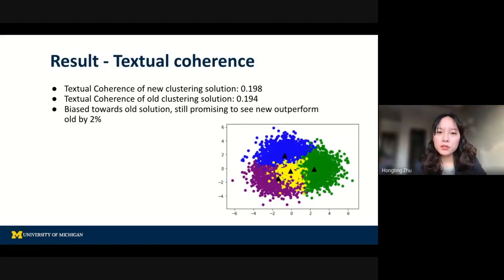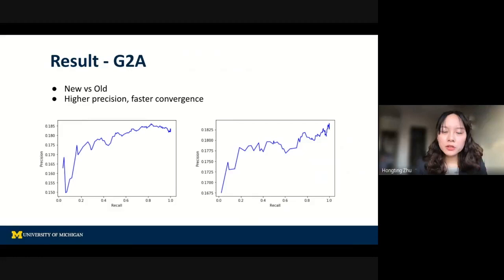And our result is really promising. We have a 2% outperformance over the old solution from our new clustering solution. And for the grant linkage one, we have a higher precision and faster convergence based on the diagram.